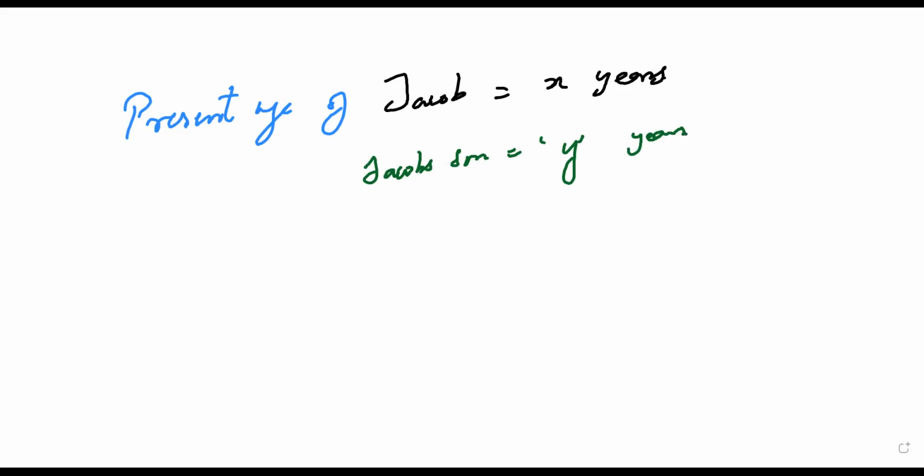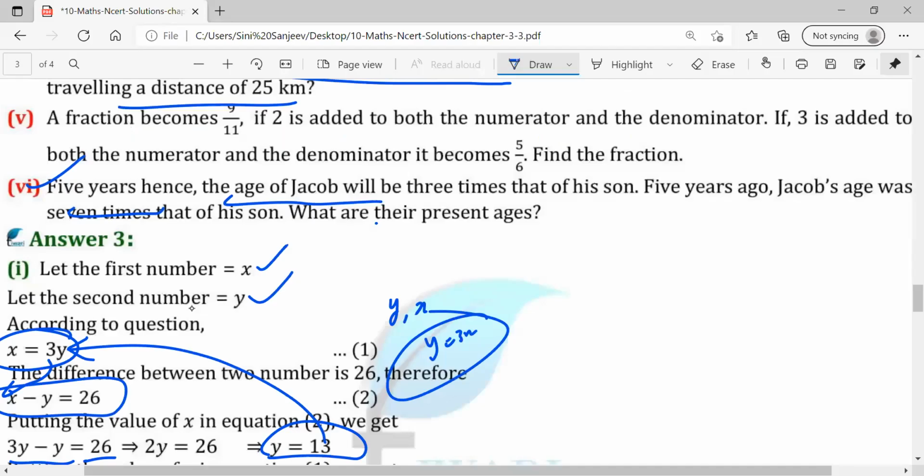Five years hence, the age of Jacob will be 3 times that of his son. Hence means later.